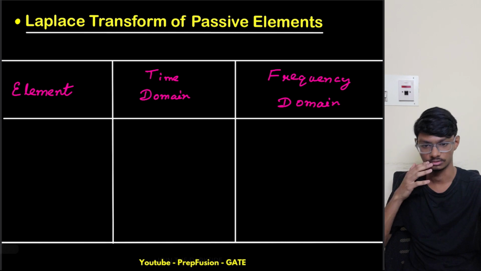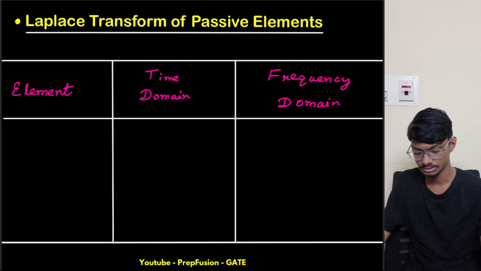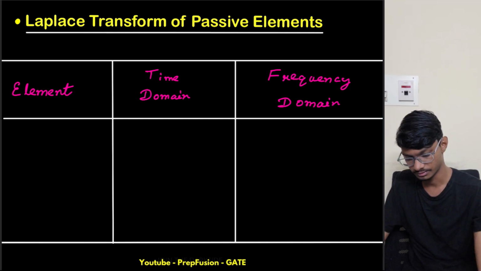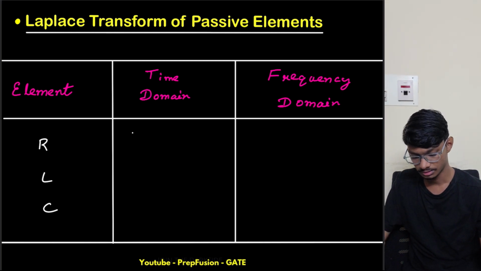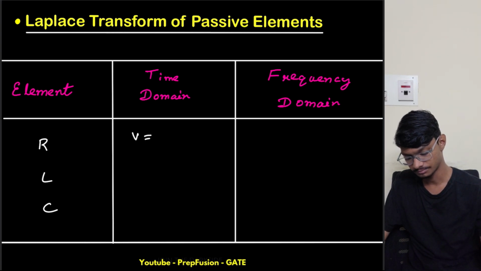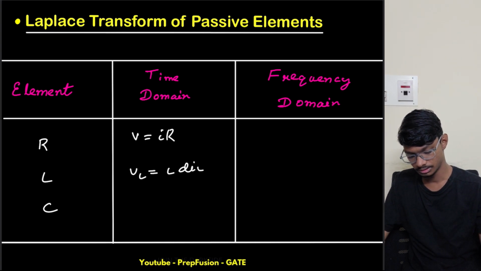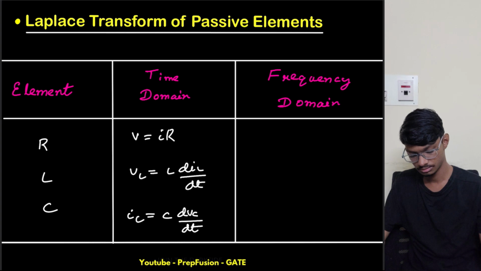Now let me summarize all these things. The elements are R, L and C. For R, the time domain expression is V equals I into R. For the inductor, VL equals L dIL by dt, and for the capacitor, IC equals C dVc by dt.